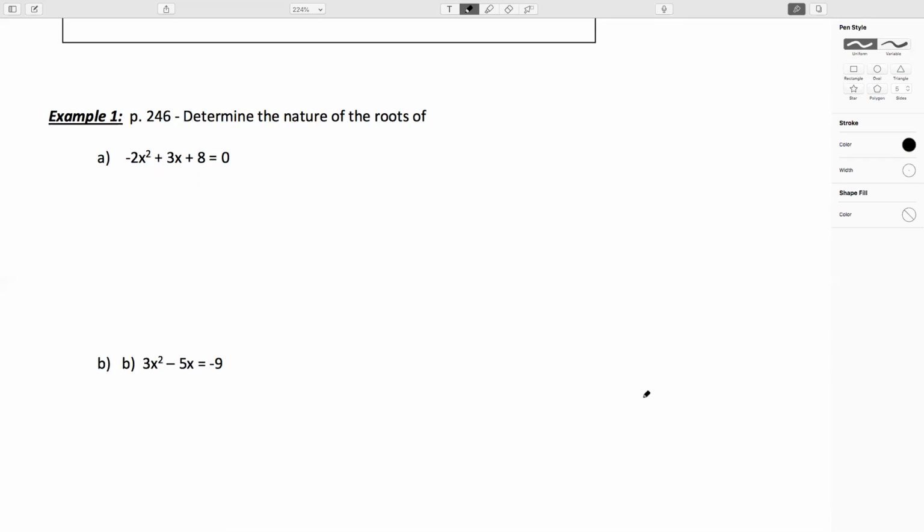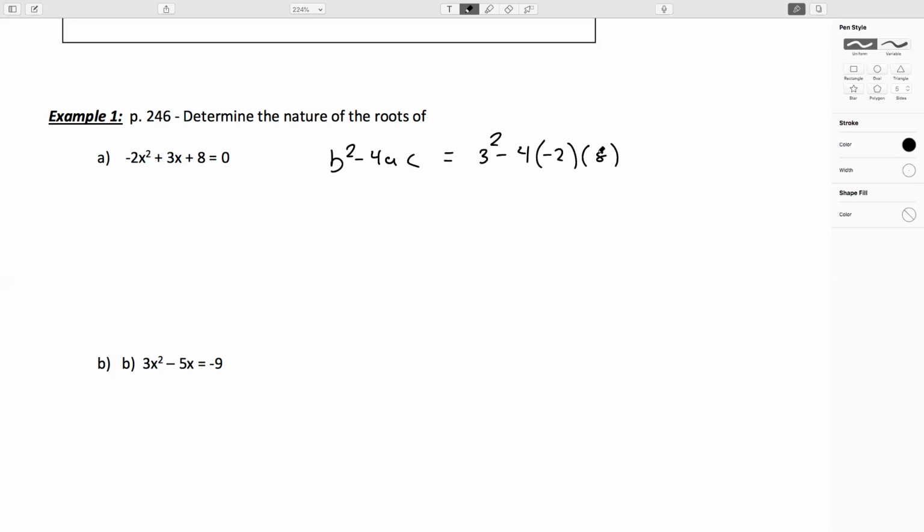Determine the nature of the roots of minus 2x squared plus 3x plus 8 equals 0. So we want to just calculate the discriminant. b squared minus 4ac equals 3 squared minus 4 times minus 2 times 8.